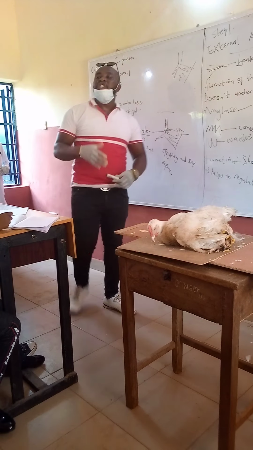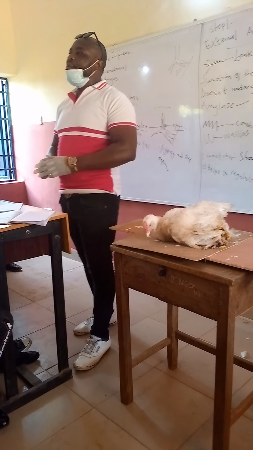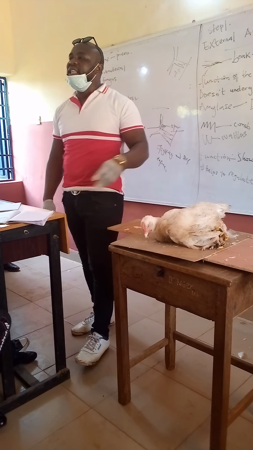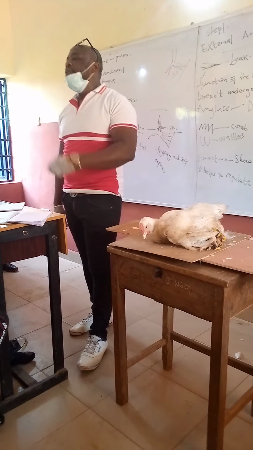And that's why they recommend chicken for people who are obese, people who are hypertensive, and people who are diabetic. Because this is a white meat, it's different from the red meat.